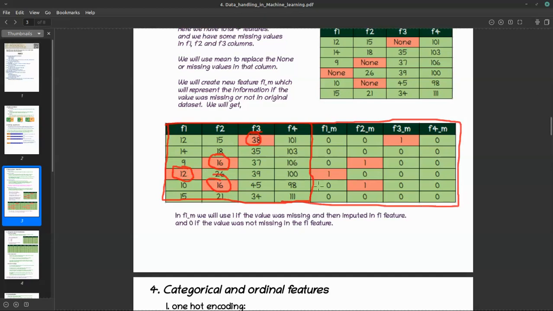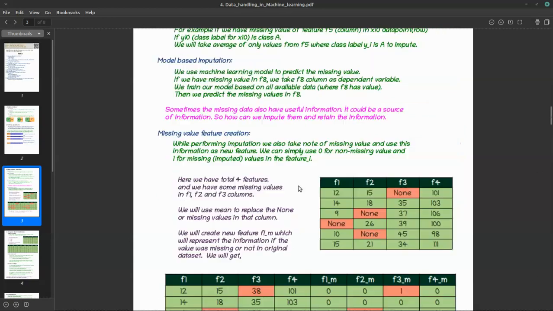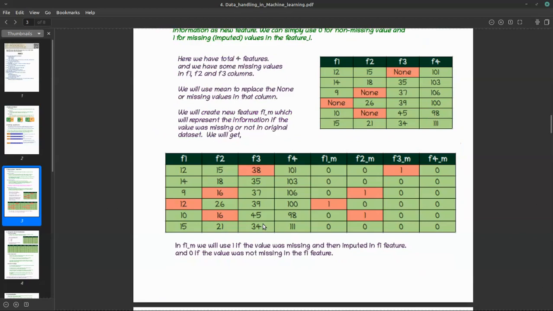Both tables are the same, but I will add four more columns representing whether the data was missing or not. If it was not missing, 0 0 0; if it is missing, 1. So one way or another we are preserving the information of whether the data was missing or not. This is the whole idea behind the imputation.